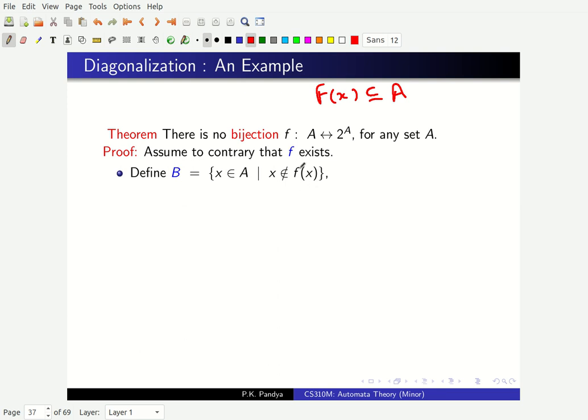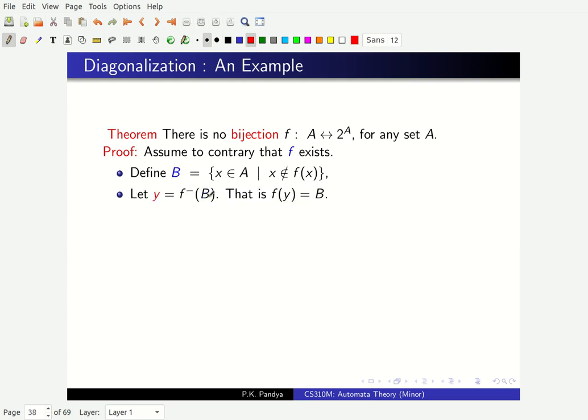We have this self-reference, and then we are diagonalizing using this "does not belong". Doesn't matter, the definition of B should be clear. So B is some subset of A consisting of elements which have this property: they don't belong to F of the element. This is how we have constructed B.